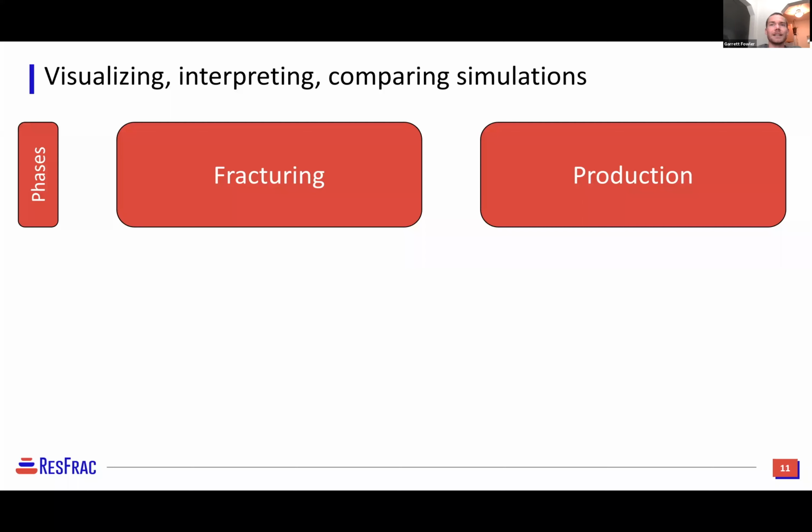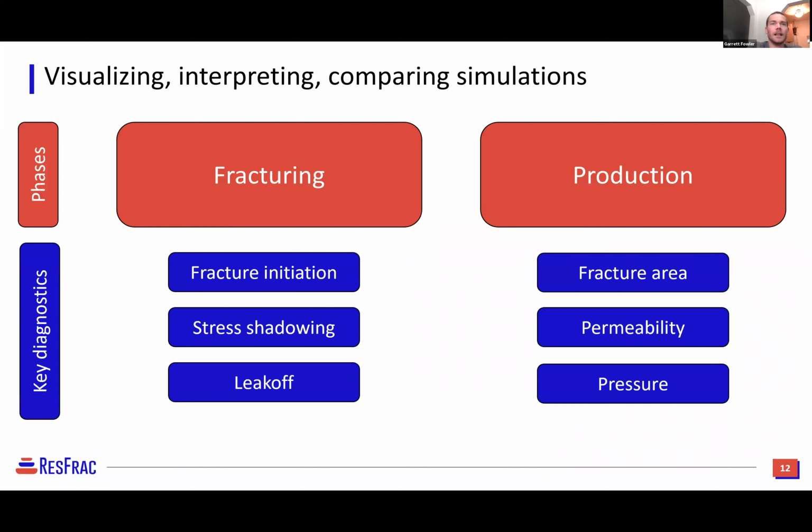In providing a little bit of a framework or hints as to where to look for this evidence and how to present it, I separate ResFrac simulations into two phases. You have both fracturing and production. And then during each of those processes, I try to think of what are the key diagnostics or key visualizations and metrics that I look at that could possibly differentiate one simulation from another.